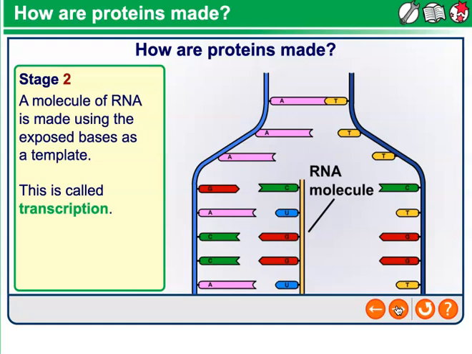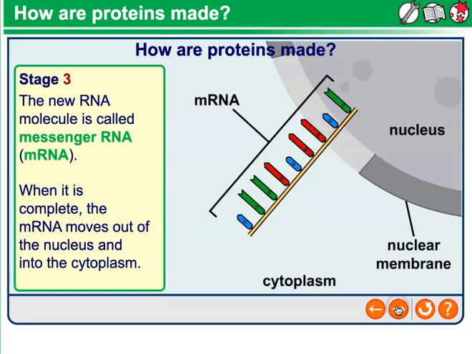This is called transcription. Stage 3, the new RNA molecule is called messenger RNA, or mRNA. When it is complete, the mRNA moves out of the nucleus and into the cytoplasm.